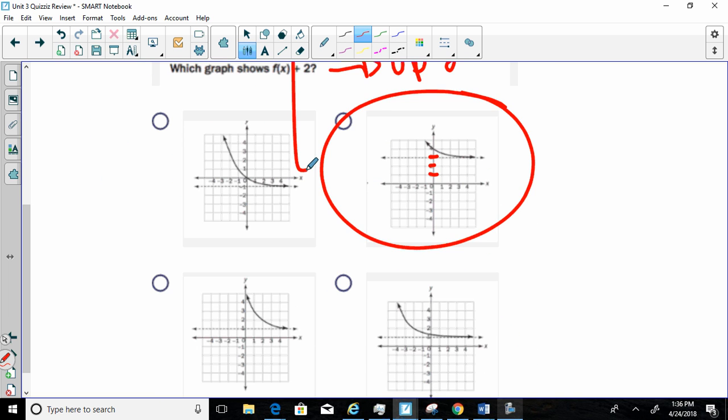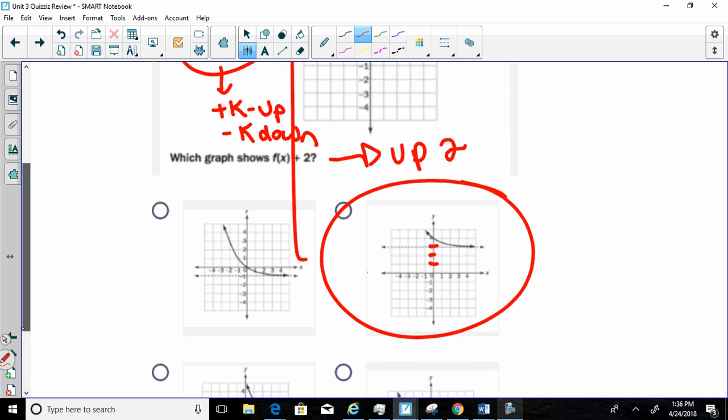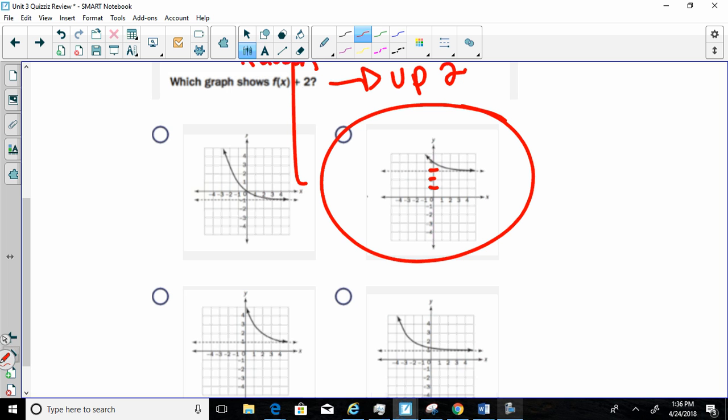We could see the end behavior in the original one is at 1. So if we're going up 2, what would the new end behavior be? 3. And that's why we look at these different graphs and see which one has an end behavior of 3. This one right here. Does that make sense?